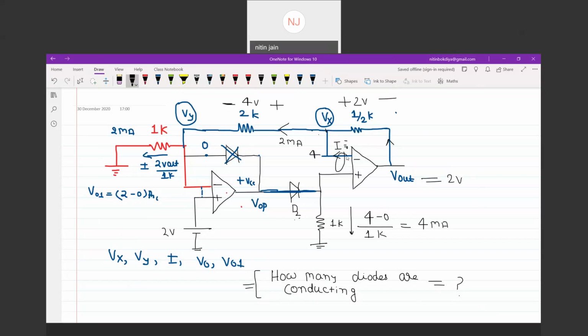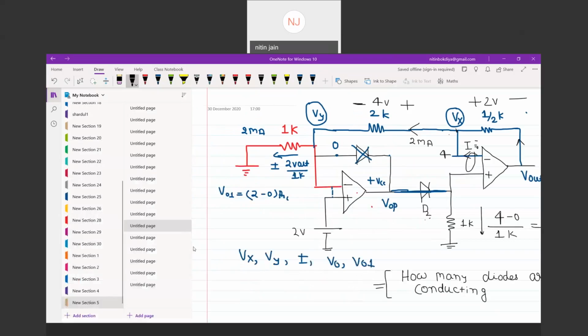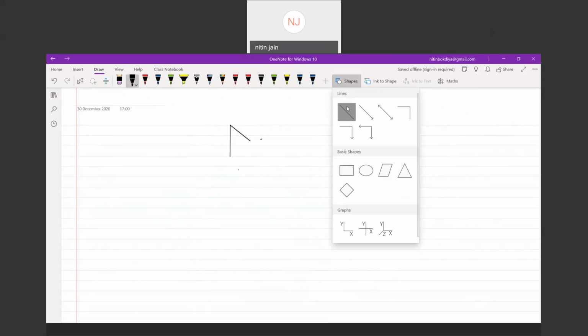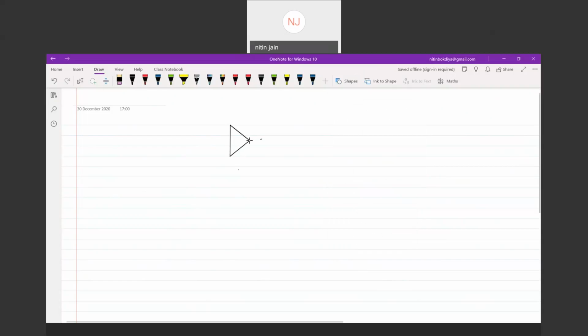Now I have one more circuit which is given like this. This is negative, this is positive, and this is the output voltage.